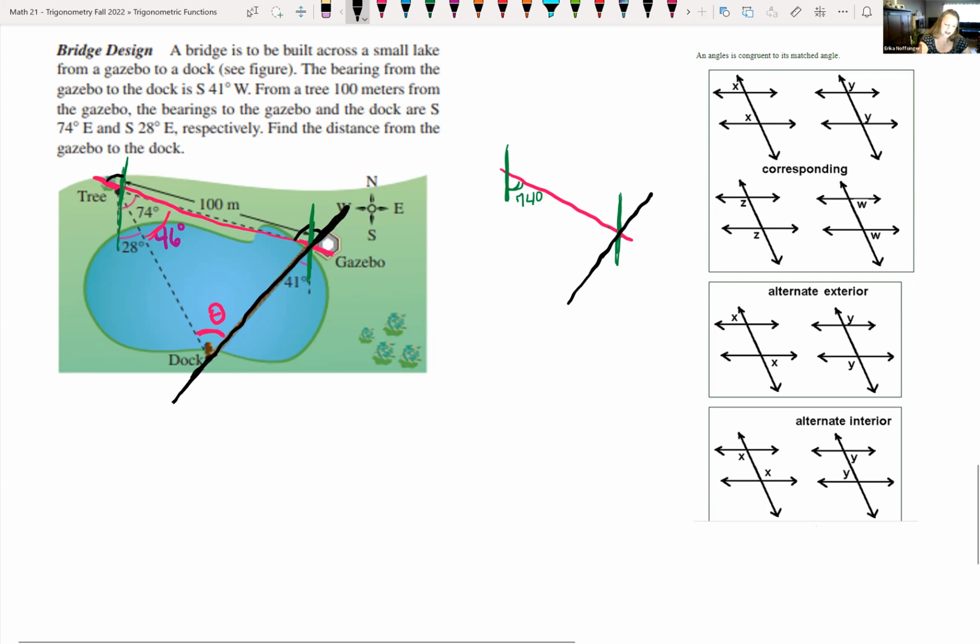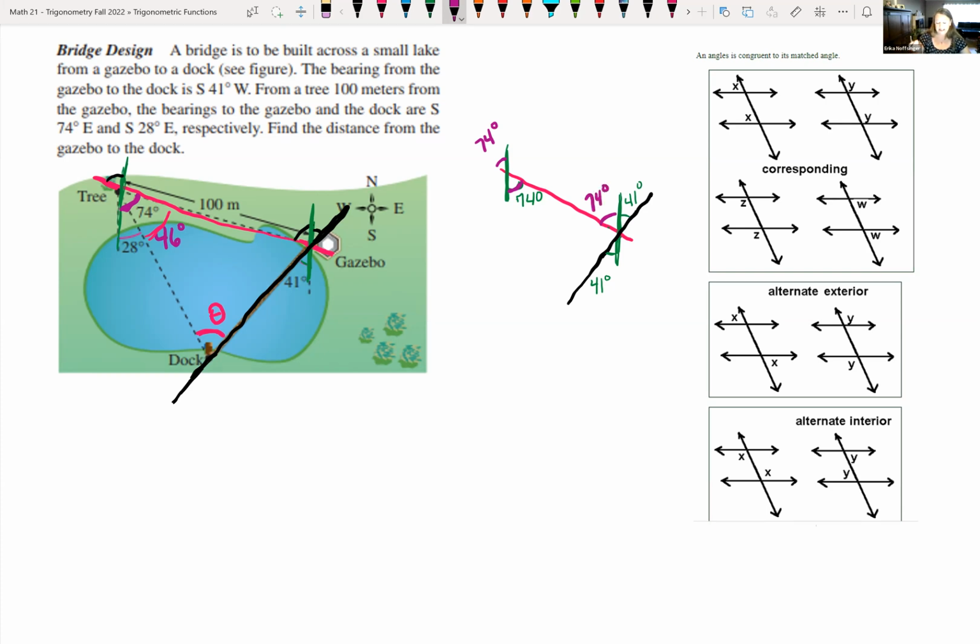And so we know that this angle in here is 41 degrees. So we know the angle over here is also 41 degrees. This whole angle in here between that vertical line and the transversal line, we were given as 74 degrees. So this is 74 degrees, and I know that the angle up in here is also 74 degrees. So if that's 74 degrees, looking at the alternate, then this here is also 74 degrees.